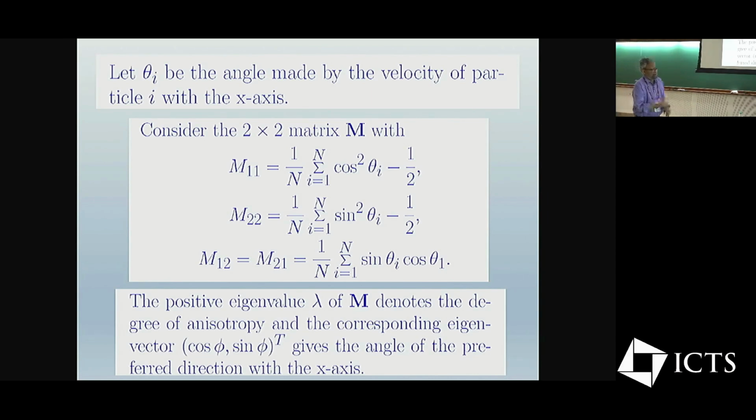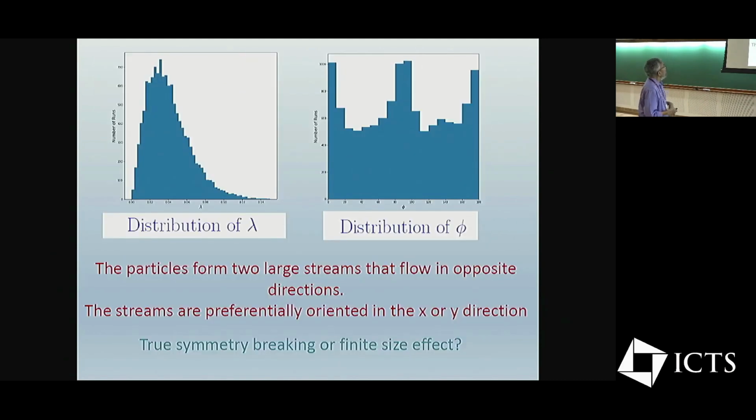From the velocities of a snapshot of the system, one can look at the values of this lambda, which is the degree of anisotropy, and the corresponding angle, which tells us which direction this anisotropy is pointing. And then one has a large number of simulations, and from that one can get a distribution of this lambda and also a distribution of the preferred angle.